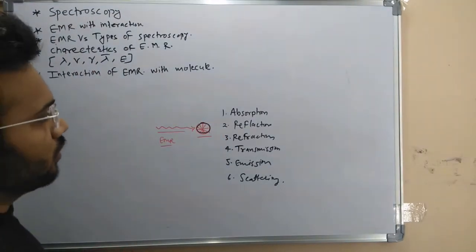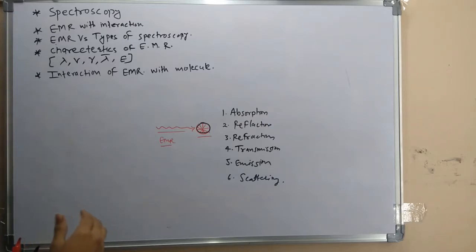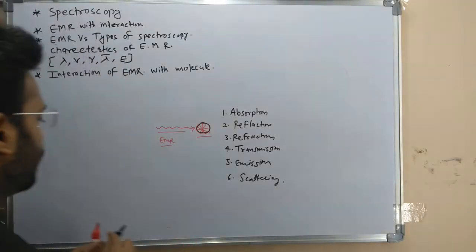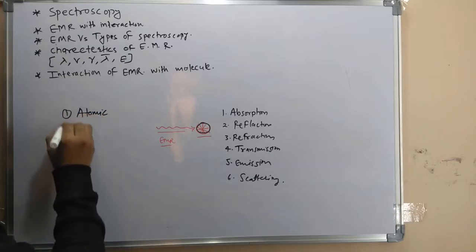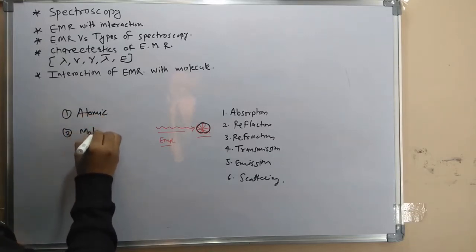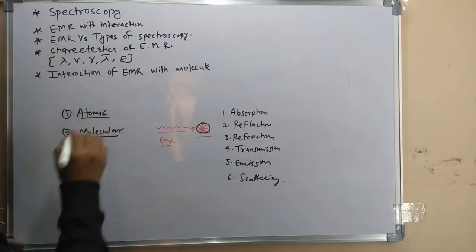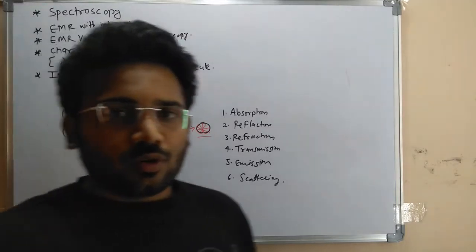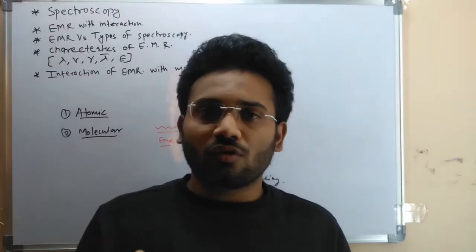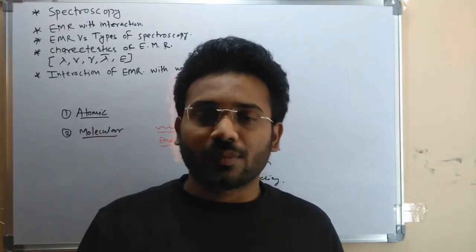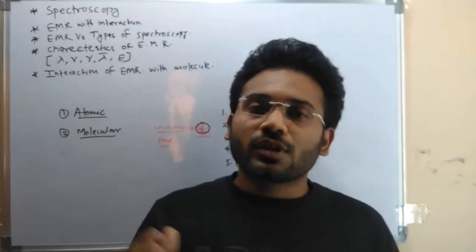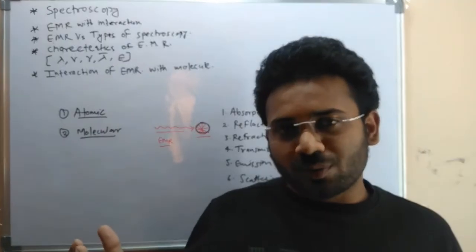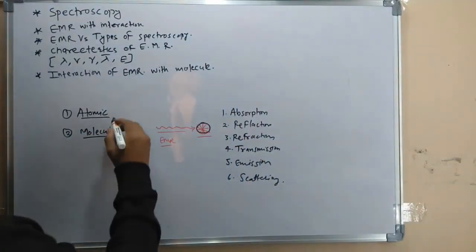Now we try to understand the various types of spectroscopy. There are two types of spectroscopy. The first one is atomic spectroscopy, and the second one is molecular spectroscopy. Atomic spectroscopy means the interaction of electromagnetic radiation with the atom, and the interaction of electromagnetic radiation with the molecule is called molecular spectroscopy.